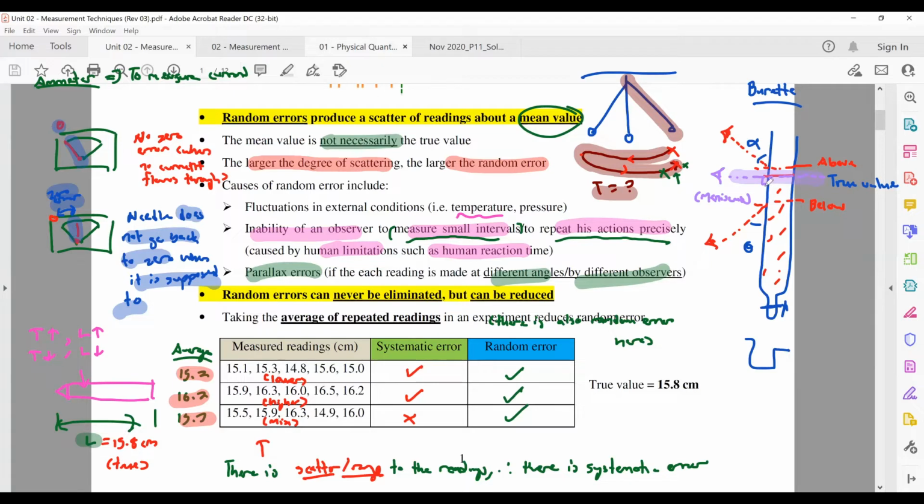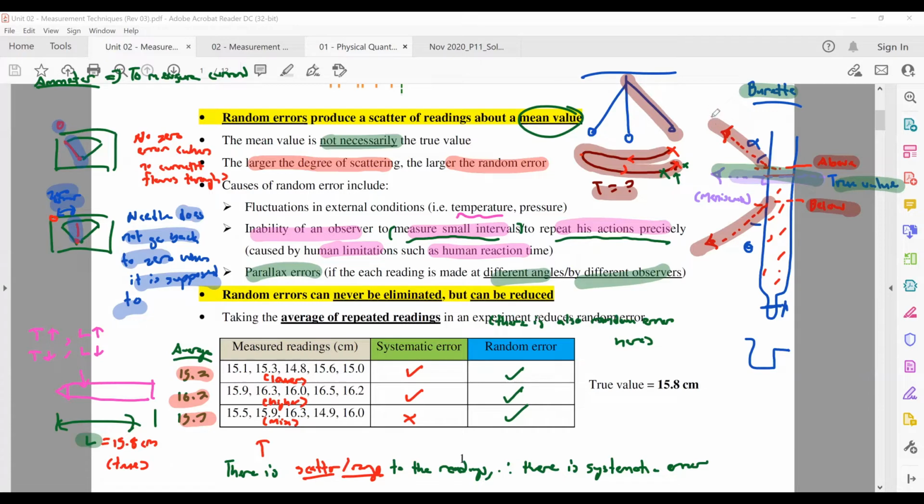So just now I gave you the example here. When you want to take volume measurements of the liquid inside your burette, you always want to read it at the meniscus level. That one will give you your true value. But a lot of times you actually end up looking at it at a certain angle, which in turn gives you a reading that is above or below your true value.